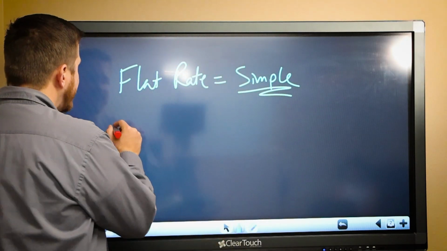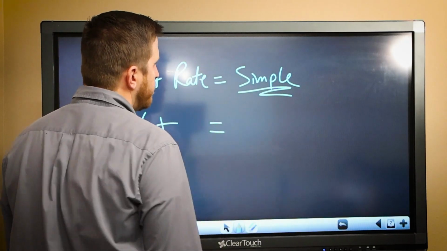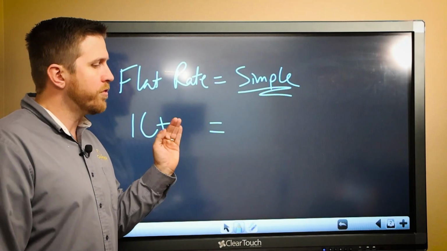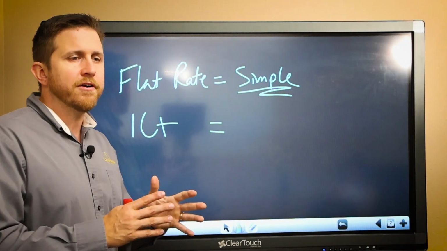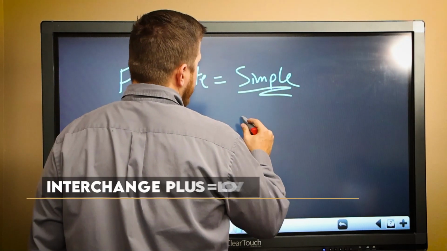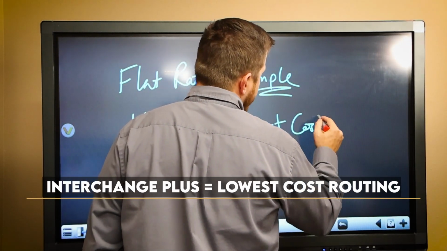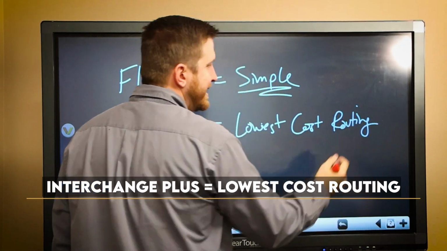But for an educated buyer, the Interchange Plus platform of pricing will allow the merchant and the processor to come together and, on much higher volume accounts, get what we call lowest cost routing, right? Because you can start working together to lower the fee.